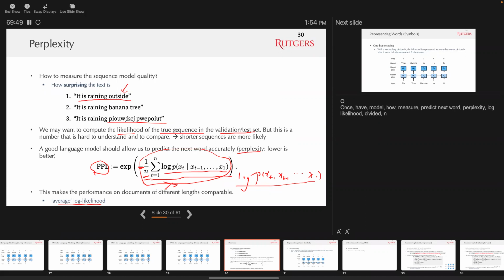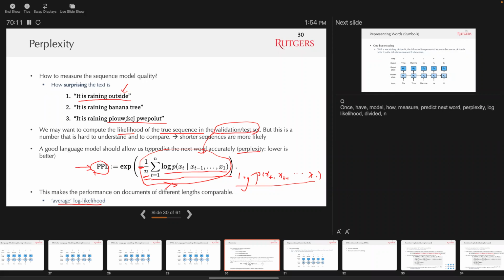You take every true sequence in the validation data set, compute the perplexity, and take the average. This equation is the perplexity for one sequence, and then you compute the average over all the sequences.